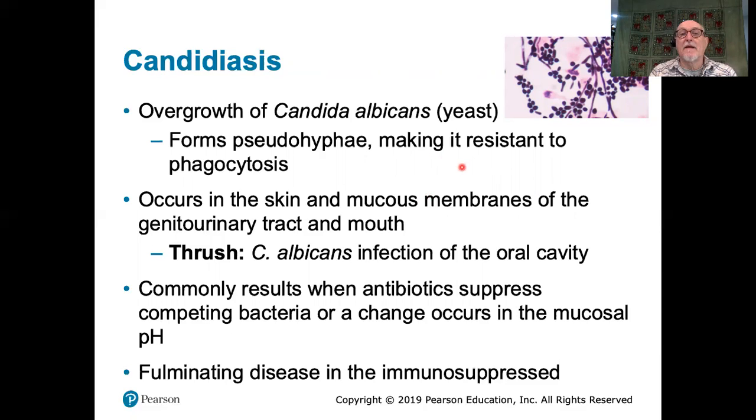Now, if you look in here, this is Candida here, and you see how it's hanging together in these strings, clumps and strings. These are called pseudohyphae, and it's actually a way of resisting the attacks by the immune system. It's too large, for example, to be eaten by a macrophage.